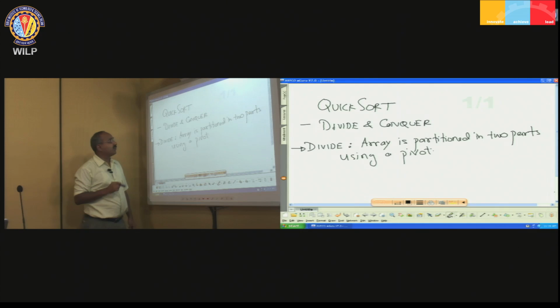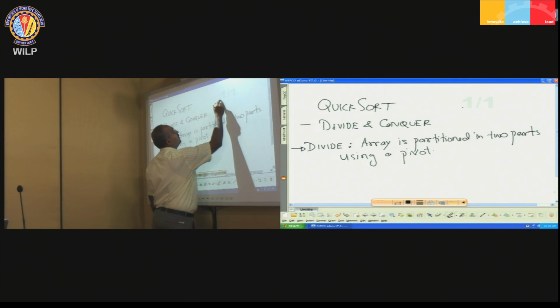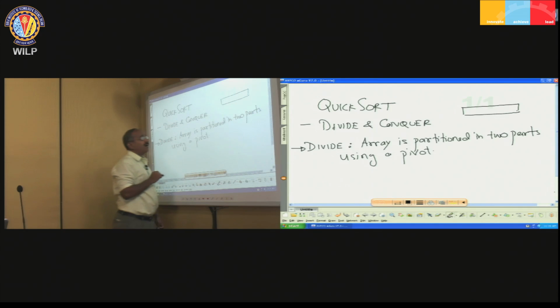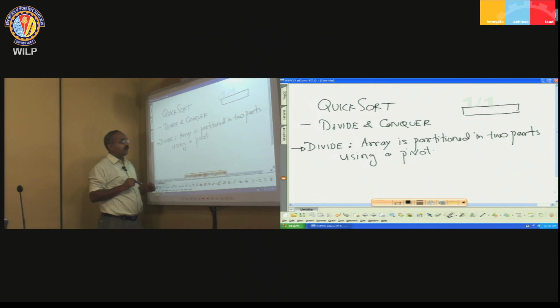Given an array, you are going to make it into two parts using a pivot. The two parts are going to be as follows.